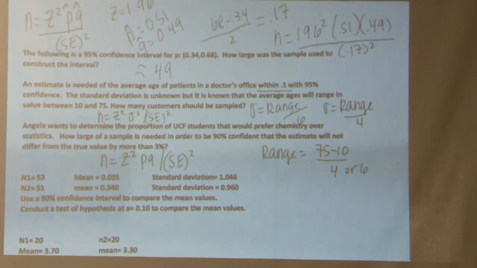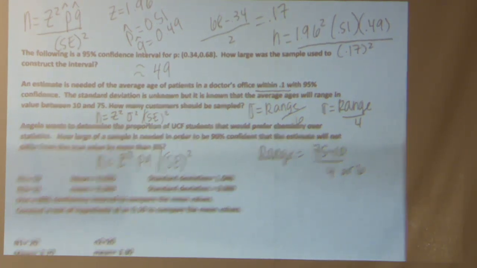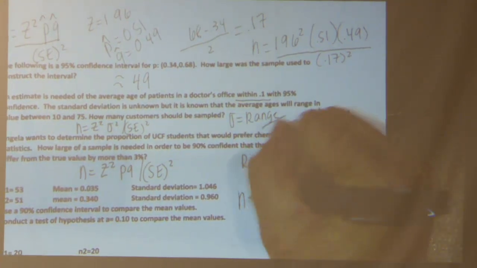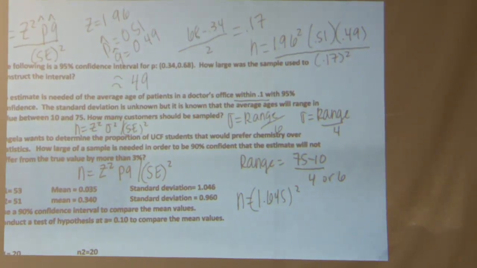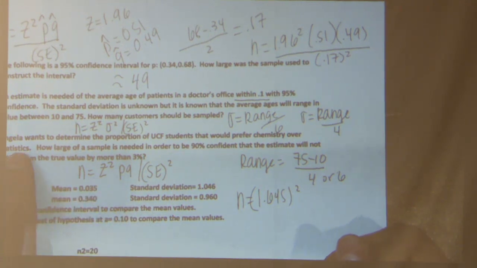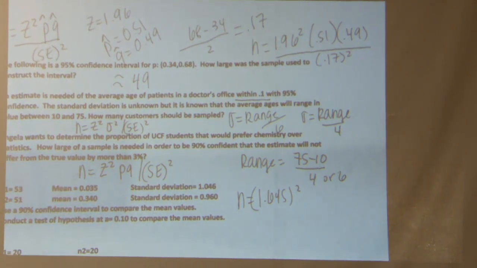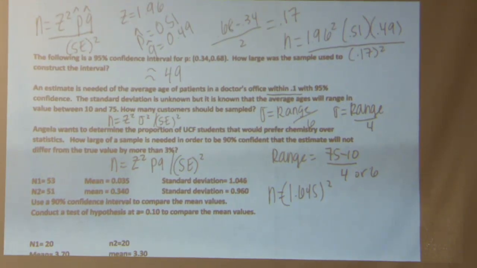90% confident will give you a z-score of 1.645. So we're going to have n equals 1.645 squared. In this case, they don't tell you what your p and q value are. They just say 90% confidence and that it won't differ from the true value by more than 3%.